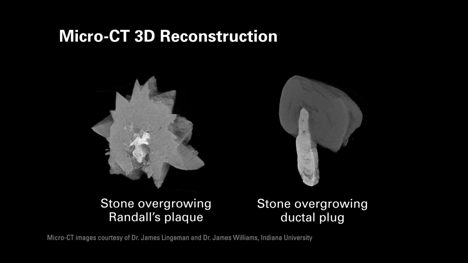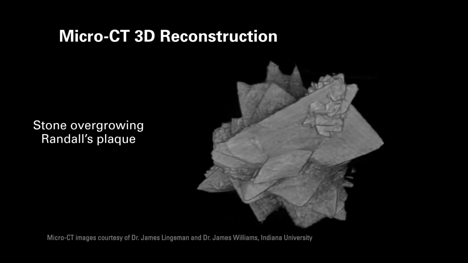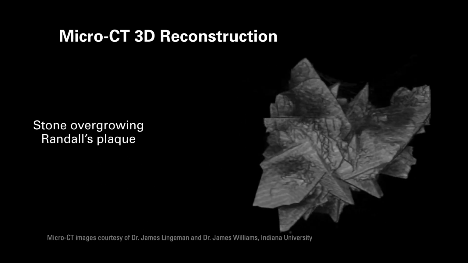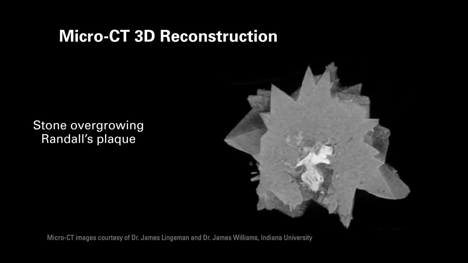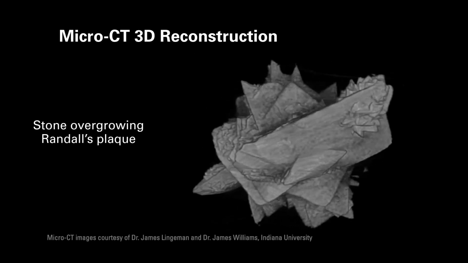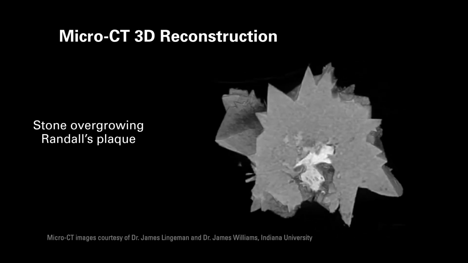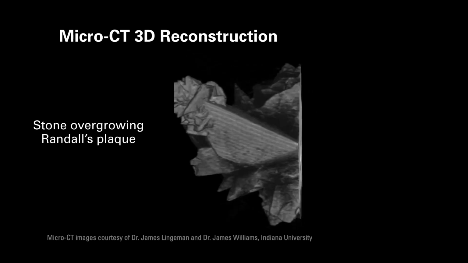You can actually see the different minerals have a different appearance when you look at it under this micro CT, and you can start telling differences in where the different minerals sit in relation to each other. And you can also get insight into the structure and form of the kidney stone, which provides a lot of insight into how that stone might have formed.